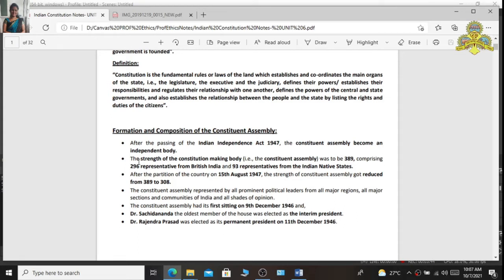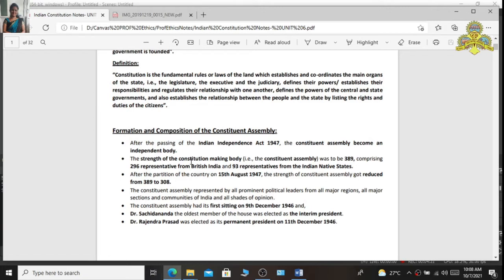Now I will give a brief explanation about the formation and composition of the Constituent Assembly. After the passing of the Indian Independence Act of 1947, the Constituent Assembly became an independent body. The strength of the constitution making body was to be 389.